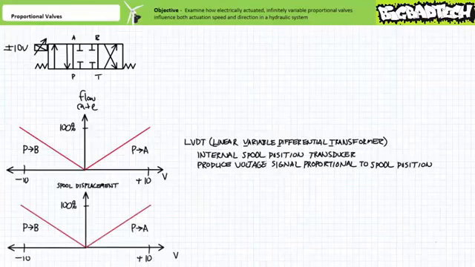Again, assuming a positive 10 to negative 10 volt range, 0 volt feedback means that the spool is perfectly centered. Positive 10 volt feedback means it's fully straight through. Negative 10 volt means it's fully cross-connected, and intermediate positions result in intermediate directly proportionate feedback values. We'll examine how this feedback about spool position can be used to our advantage in a moment.